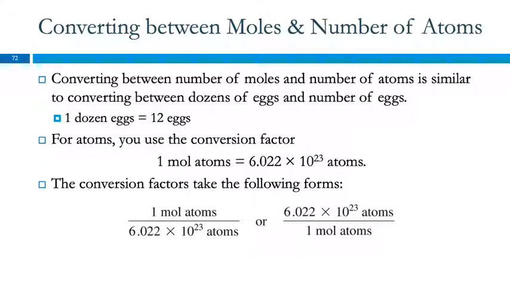Converting between moles of atoms and number of atoms is the same sort of calculation as counting eggs. It's the number: 1 mole is 6.02 times 10 to the 23rd particles, atoms.